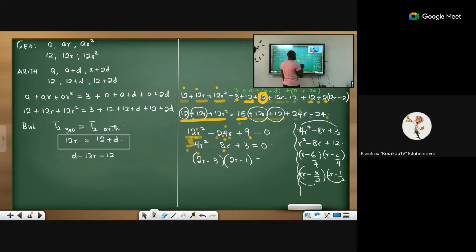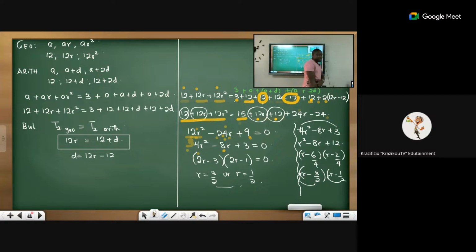Yes, this looks correct. So what is R? R equals 3 over 2, or R equals half. That's why the examiner says possible values. Let me know if it makes sense. Possible values. Please read the English and interpret correctly.